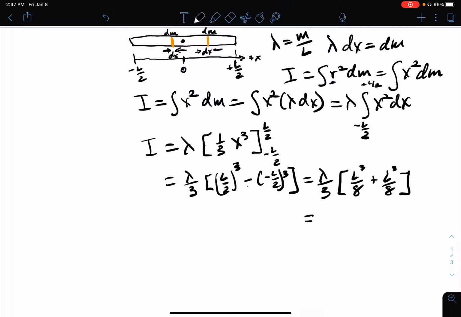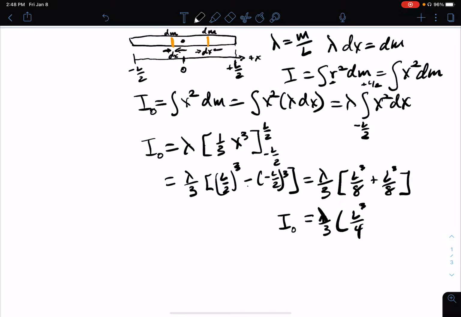Remember, this is the rotational inertia, and now we could even say that this is I naught, since we're specifically talking about the center of mass being our axis. So this is I naught, which is the one we referred to in the parallel axis theorem. So let's keep going. Lambda over 3 times quantity, L cubed over 8 plus L cubed over 8 is 2L cubed over 8, which is L cubed over 4.